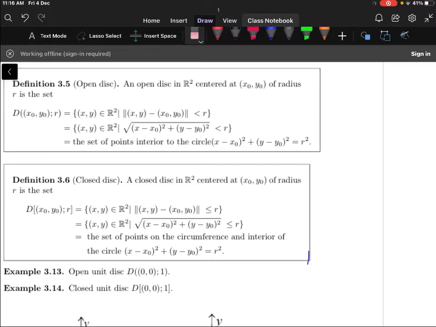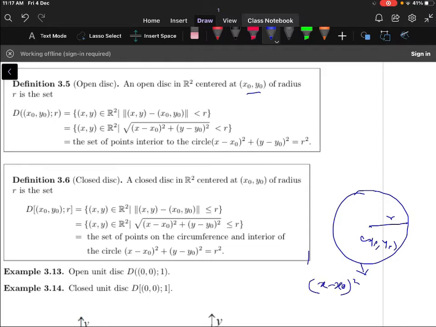Now let us take the circle with center x0, y0 and radius r, that is x minus x0 whole square plus y minus y0 whole square is equal to r square, which is the equation of the circle with center x0, y0 with radius r.